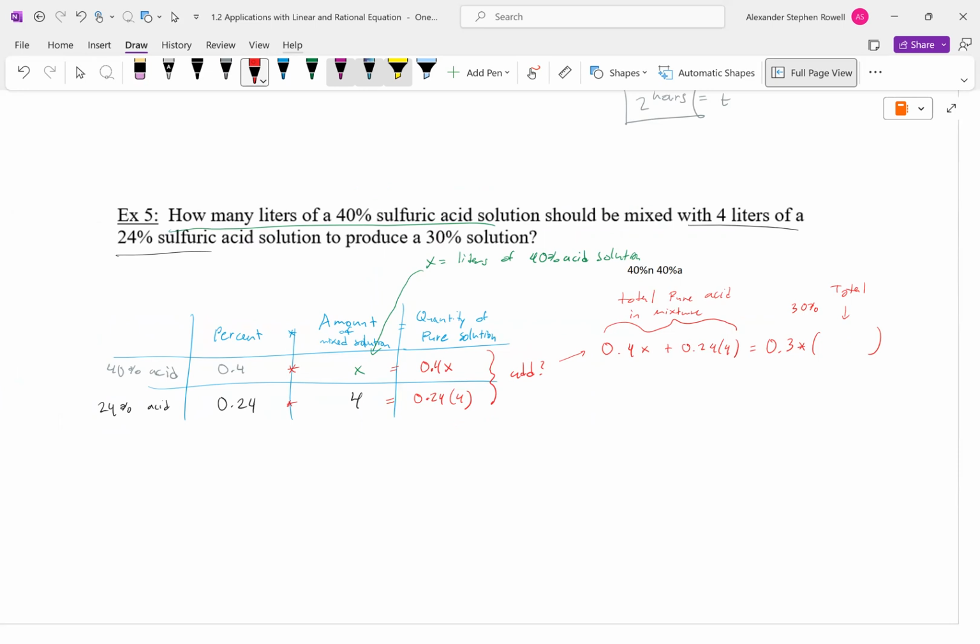I started with 4 liters of this and an unknown amount of this, so 4 plus X. Total means addition, by the way. Four plus X is the total amounts, and this is what goes here.